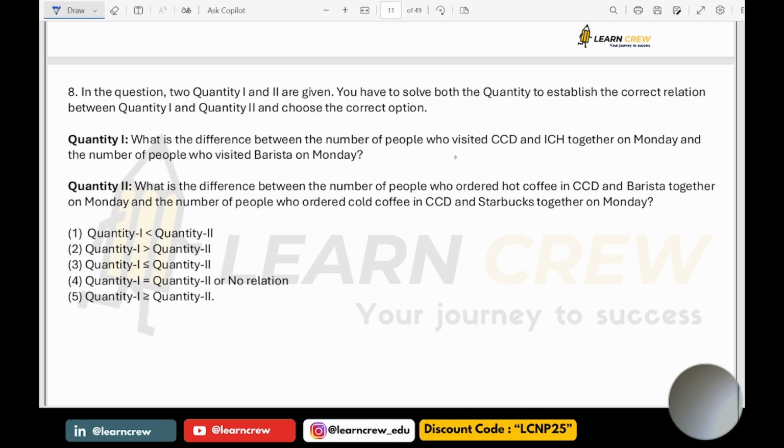It is 750 plus 600 minus 1200, quantity 1, which is how much? 150. And what about quantity 2? 480 plus 570 minus 870, so it is going to be 180. So quantity 1 is less than quantity 2. So option 1 is the answer.